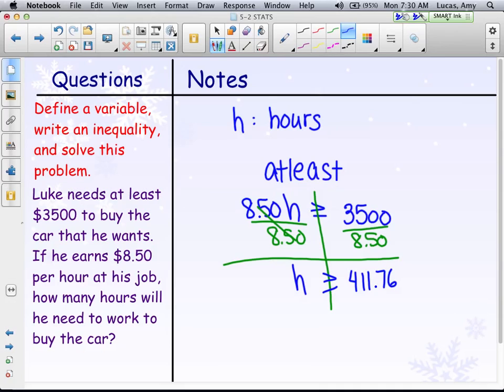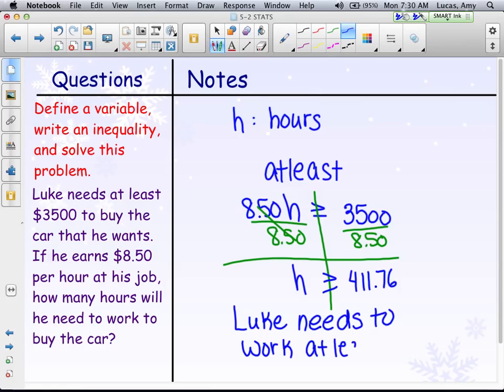So I would say Luke needs to work, assuming that he has to work a whole amount of hours, at least 412 hours, because you would round that up. If he worked 411, he would not have enough money. And if his job requires him to work whole amounts of hours, he would have to work 412 then.